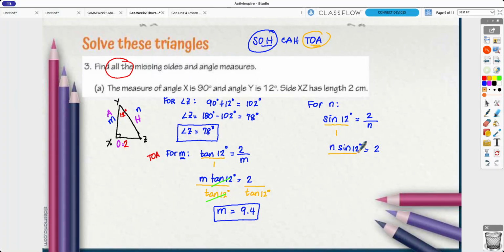Okay, then we can divide both sides by sine 12 degrees so that we can isolate the N. So sine 12 degrees cancel each other out, leaving us with N equals 2 divided by sine 12. Okay, so using your calculator, we divide 2 by sine 12, and you should get 9.6.